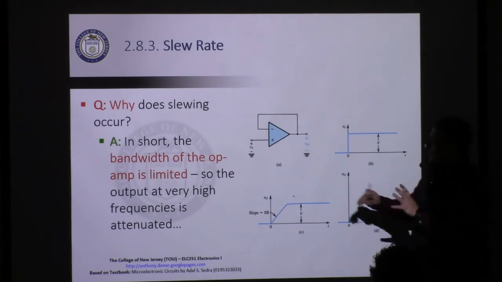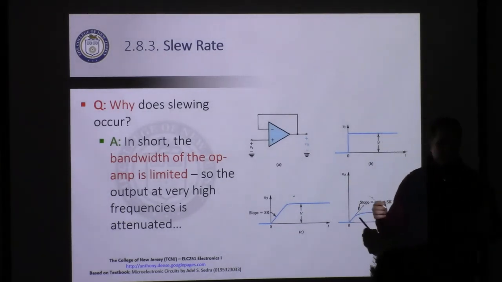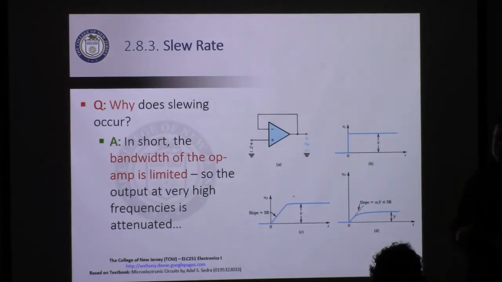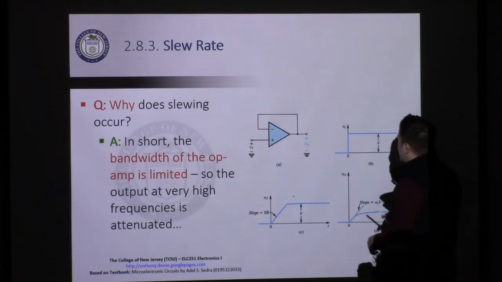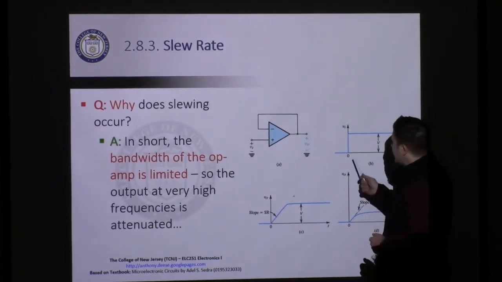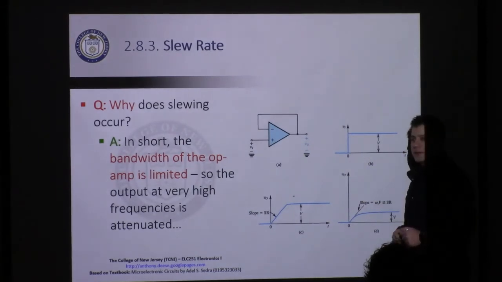Imagine you have this op amp, which is a buffer, a voltage follower configuration, which means that ideally the output's just equal to the input. And we give it a step change that looks like this. So this is the input. Ideally, our output would look exactly the same.